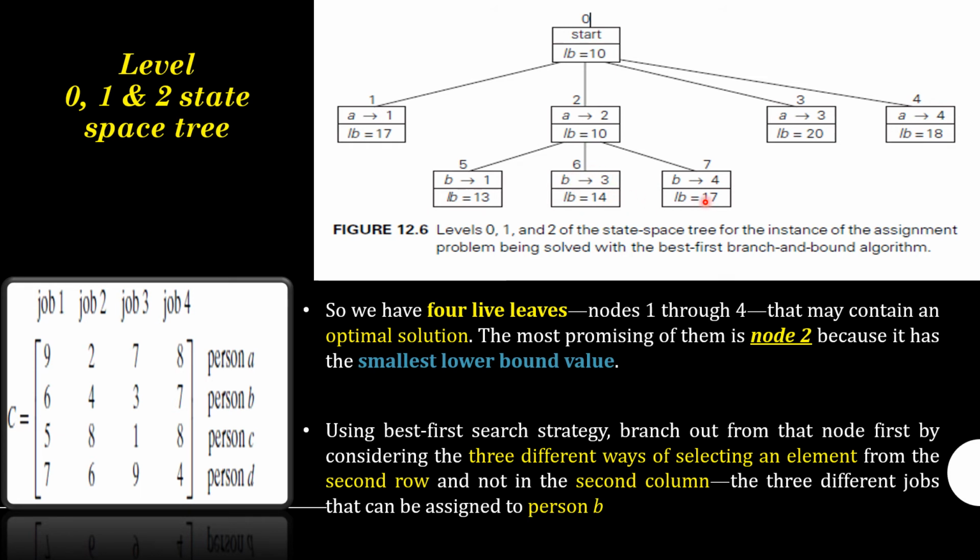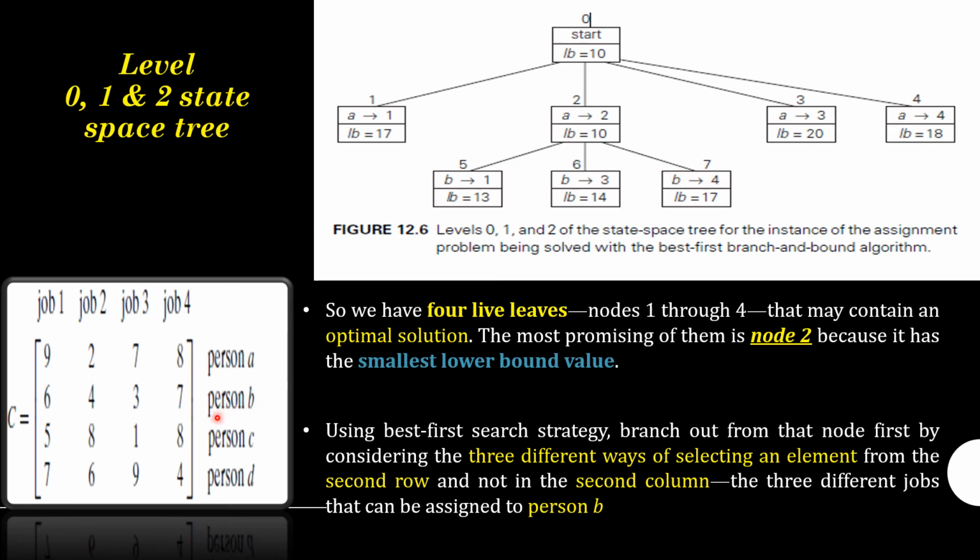And what about the third node? For the third node, we are assigning the fourth job to person B. That's why B4 here. The numbers represent the job, and this is the person.